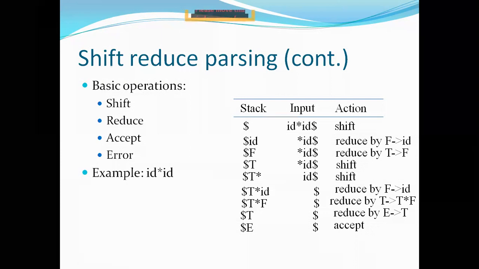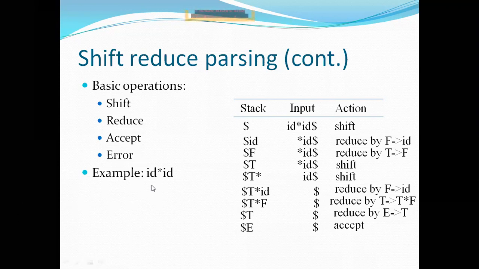We are having dollar followed by start symbol, and input buffer is having only dollar. So that is the situation we are taking as acceptance. So acceptance configuration is like that. And what is error? So acceptance కాకుండా మిగిలిన ఏది వచ్చినా కూడా we are generating the error. So we are not constructing correct parse tree for the given grammar.